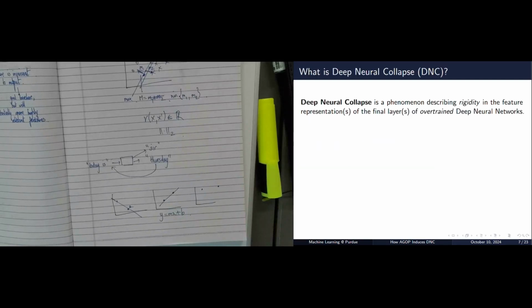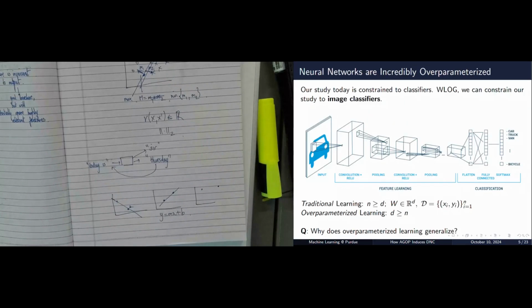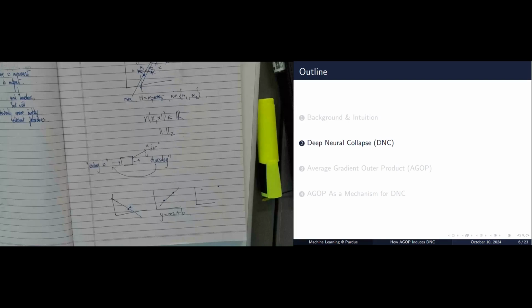Alright, sweet. So deep neural collapse, let's jump right into the thick of it. It is a phenomenon that describes the rigidity in the feature representations of overtrained deep neural networks. So we took the deep neural network setup from over here. Just imagine we have some convolutional neural network with, as our backbone, an MLP that performs some form of classification, and we get our final result at the end.